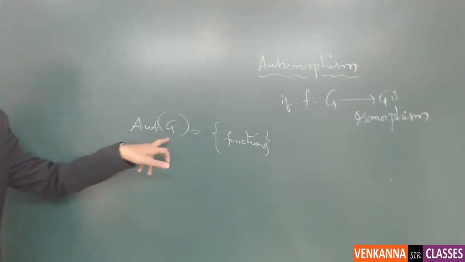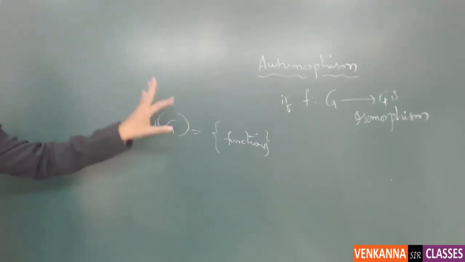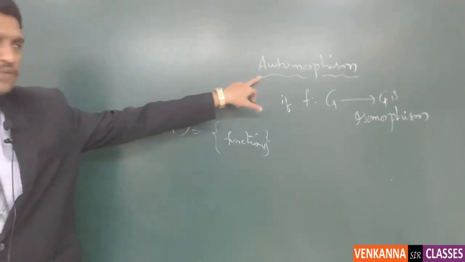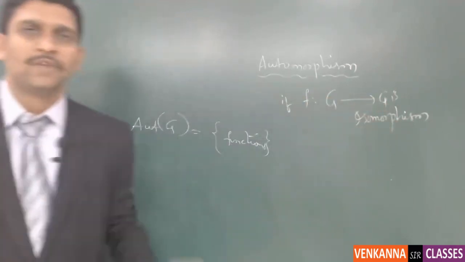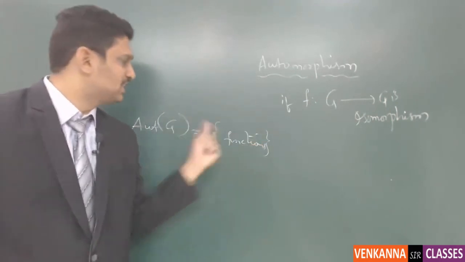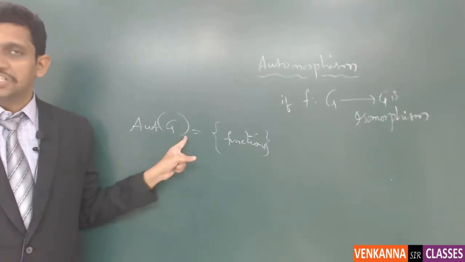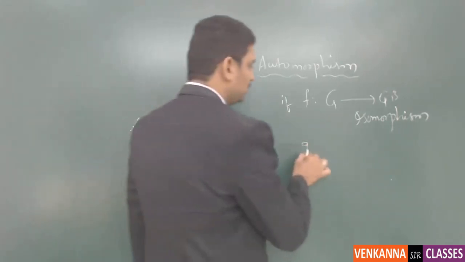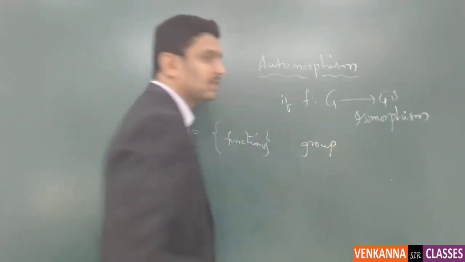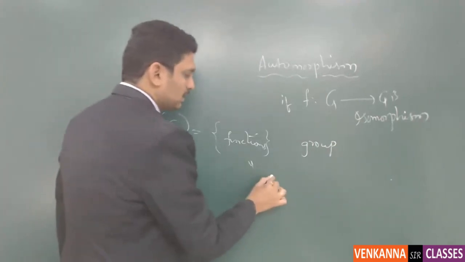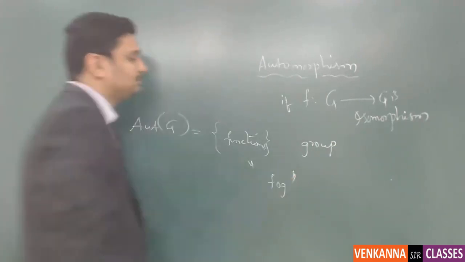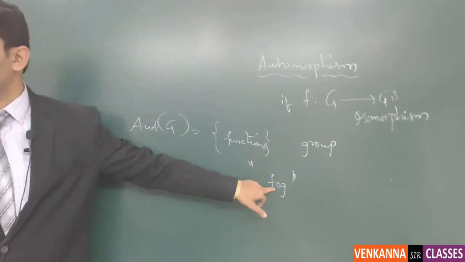What is meant by Aut G? It is nothing but the possible automorphisms from G to G itself. You take all the functions in one set, we call it automorphisms on G, and it will become a group. The operation is f circle g, the composition of functions.